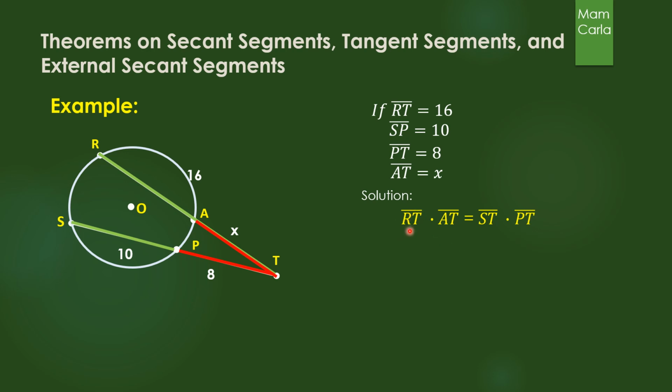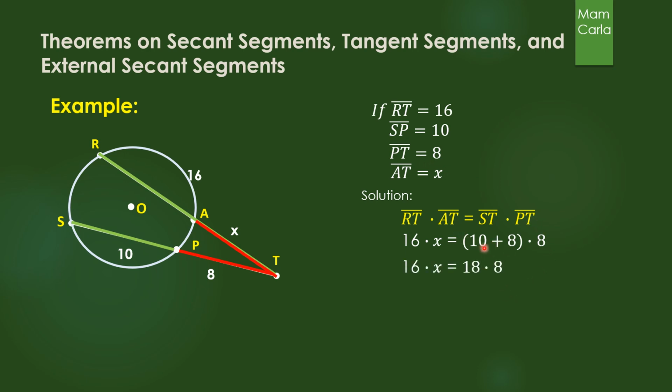Substituting, RT is 16, AT is x, and for ST, we just need to add the measure of line segment SP and line segment PT. And line segment PT is 8.